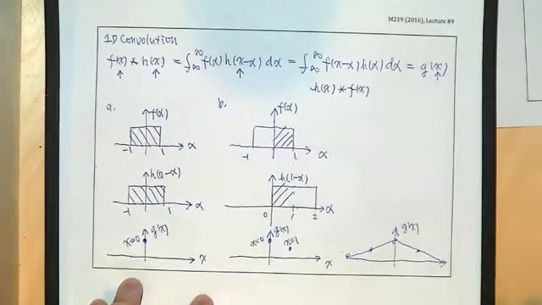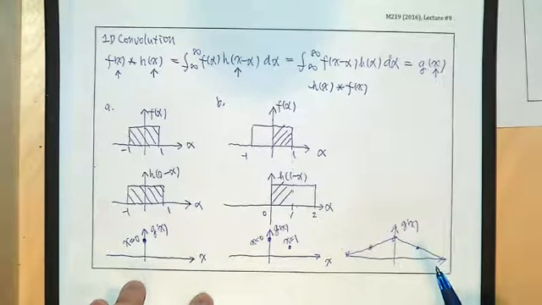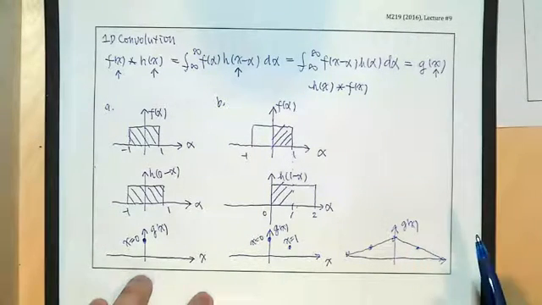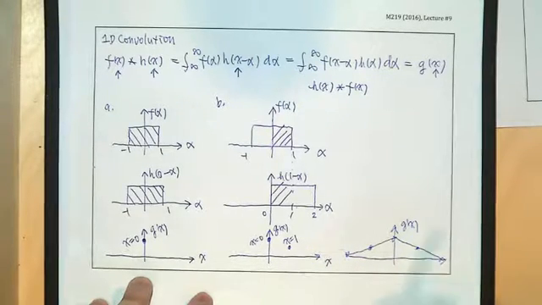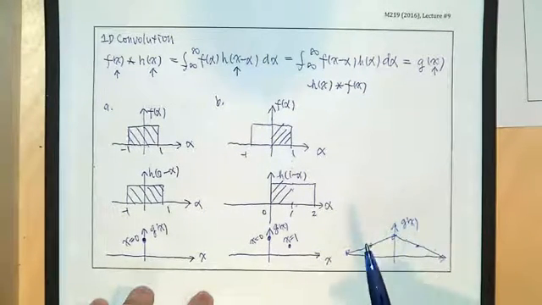There are a couple of things to note here. First, we know that two rectangles convolved together gives us a triangle. And then there are a few more important details. One is that the output triangle is actually twice the width of the two rectangles, because if you look at how convolution is done, you go from one extreme end to the other extreme end. Basically, you're smearing out two functions.